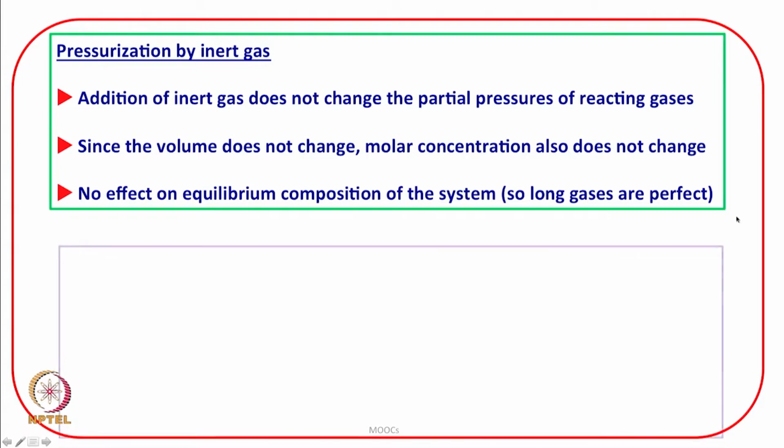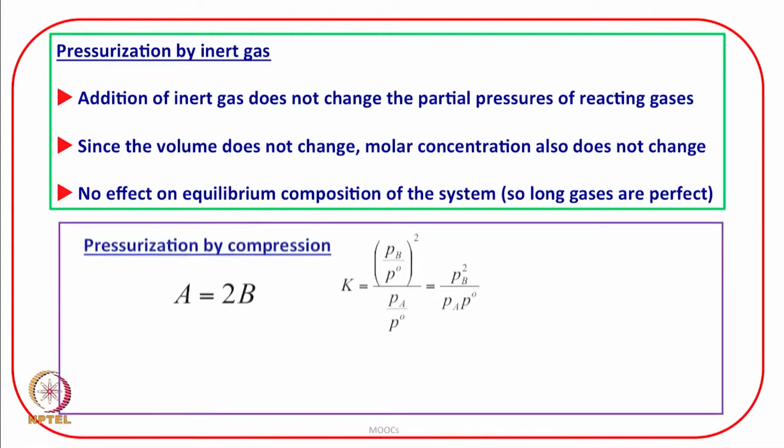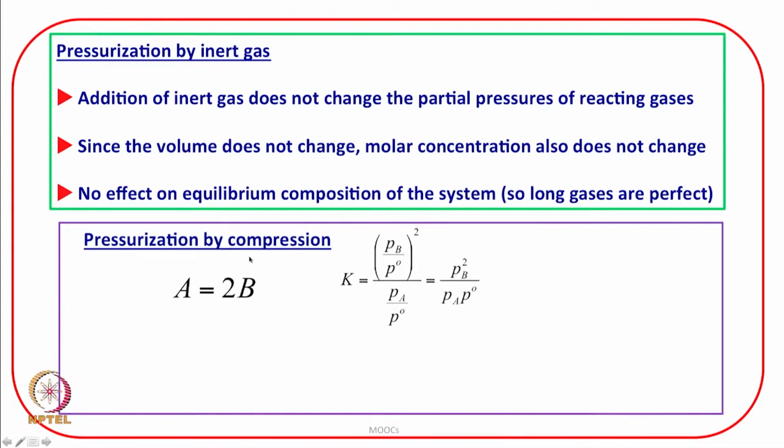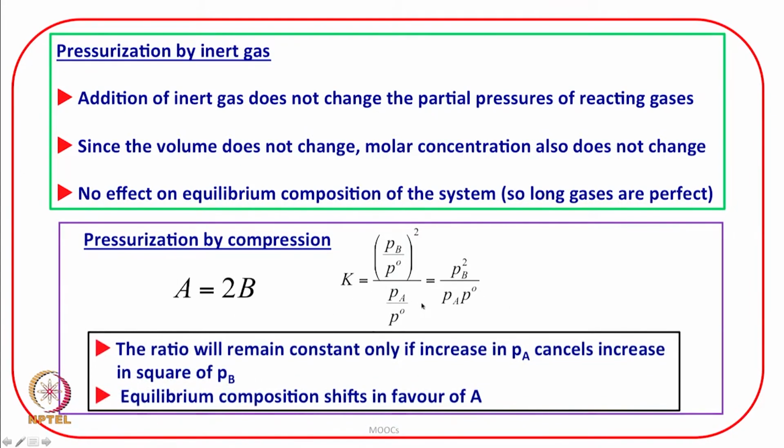Then we discussed an alternate method, and that was by compression. You pressurize by compression. And we came up with this expression and then discussed that the ratio has to remain constant, and that will remain constant only if the increase in Pa cancels the increase in the square of Pb.